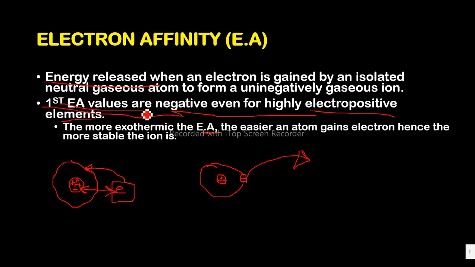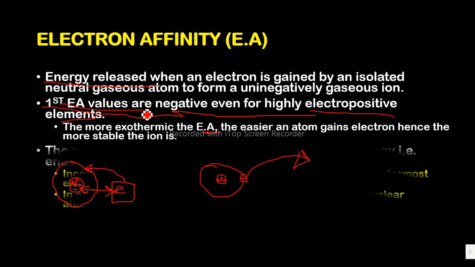So the higher the force of attraction, the higher the energy that is going to be lost, and so the higher the exothermic. And so the higher the attraction, the greater the ease with which the electron is added into the atom. That accounts for why the first electron affinity is negative.